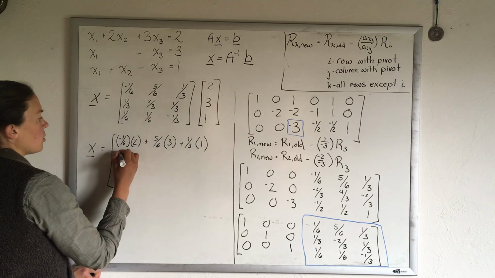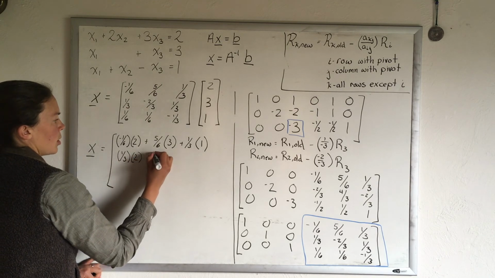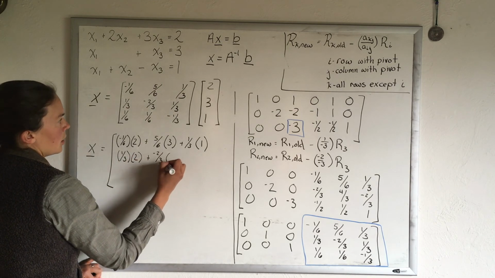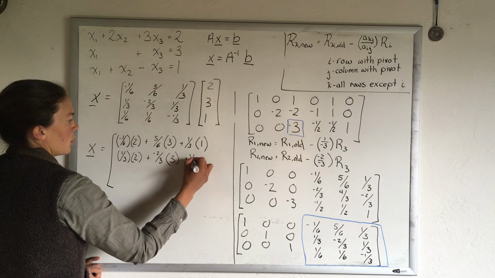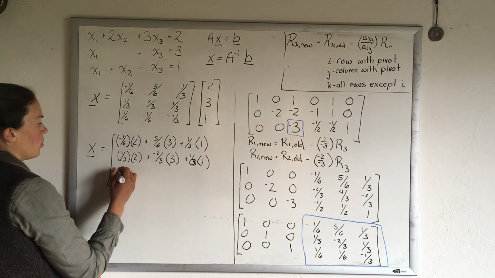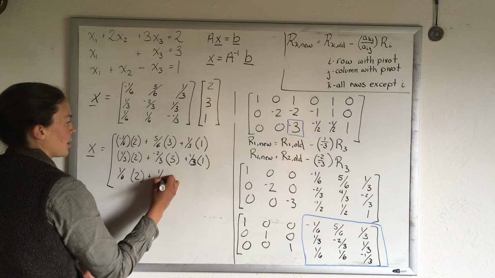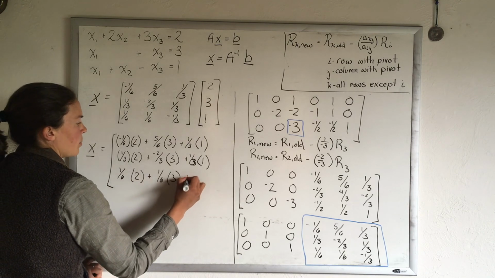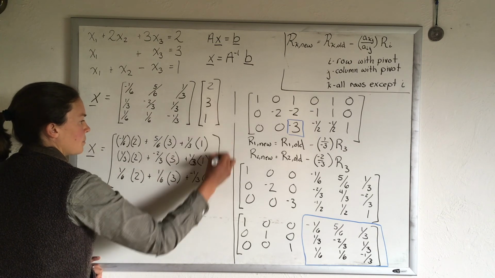And then x2, I have 1/3 times 2 plus -2/3 times 3 plus 1/3 times 1. And then my last x3 will be 1/6 times 2 plus 1/6 times 3 plus -1/3 times 1.